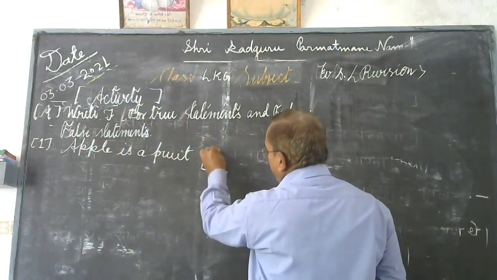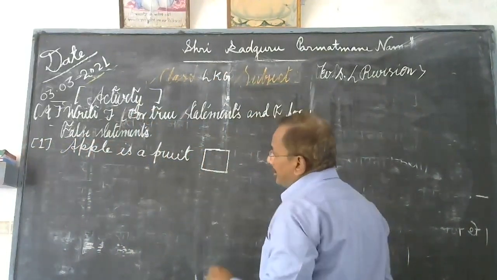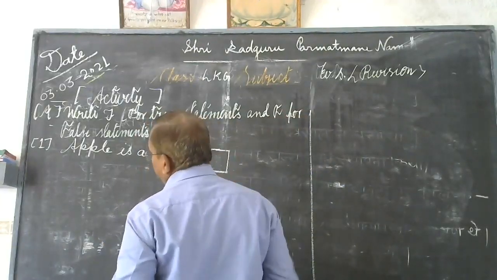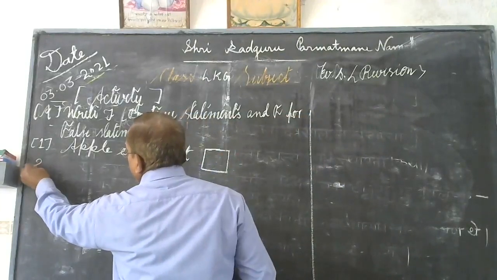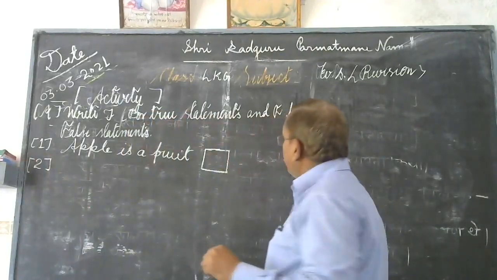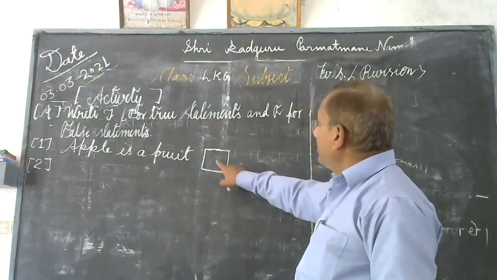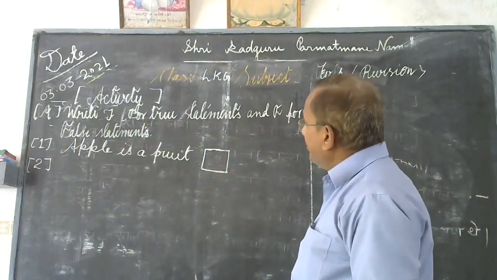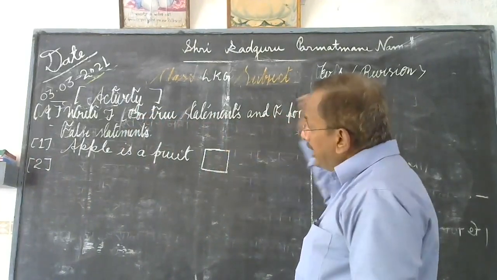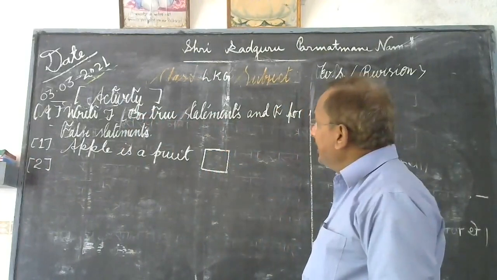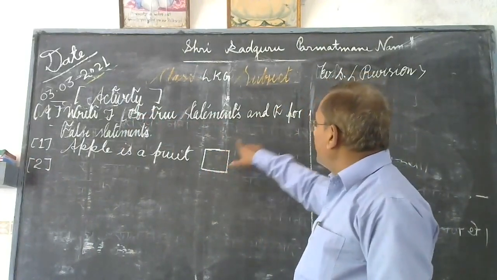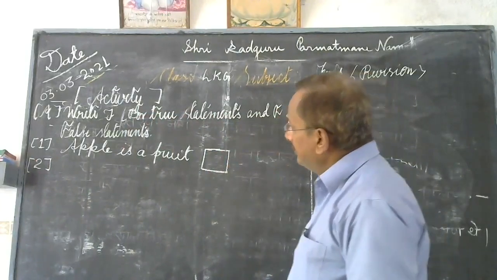If it is true, then we would mark true here. If it is false, then we will put a false mark here. That means we indicate true by the character T and false statements by F.